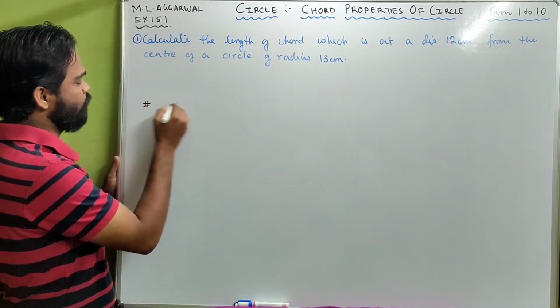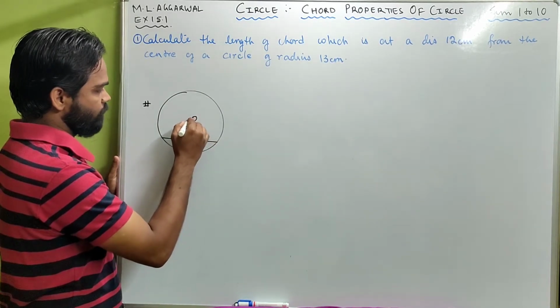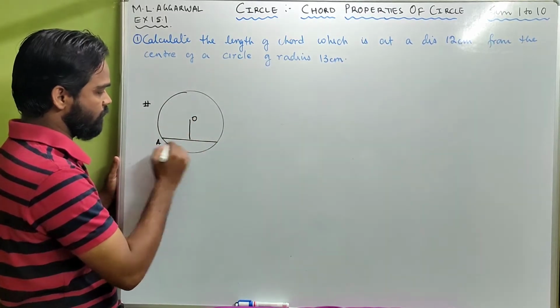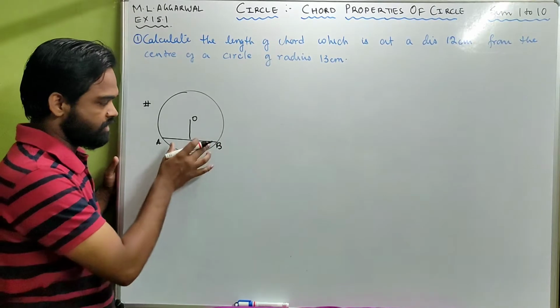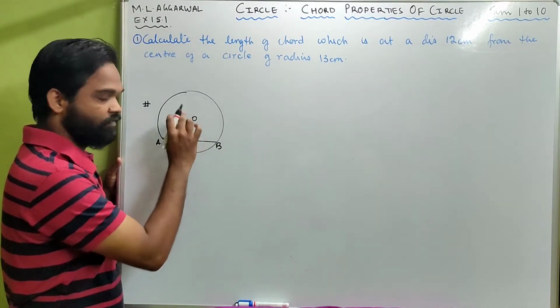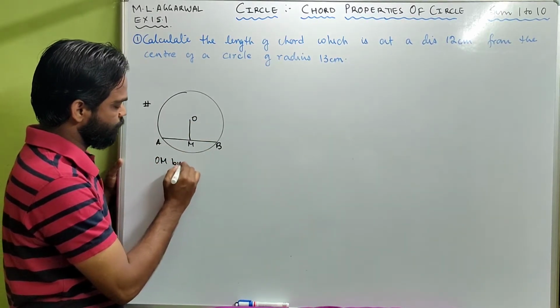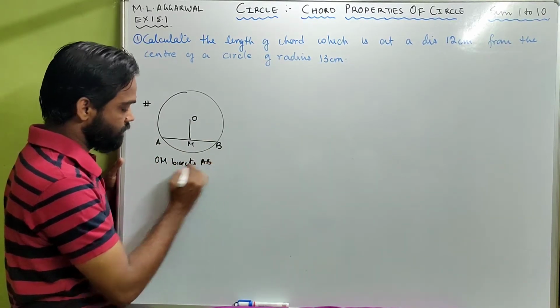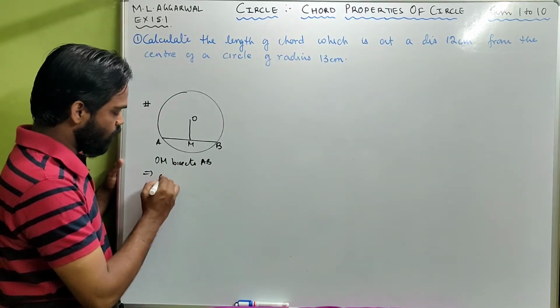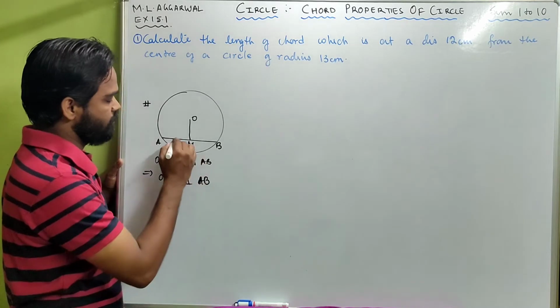The first theorem was a straight line drawn from the center of a circle on a chord, in this case AB, which is not the diameter. If this straight line OM bisects AB, then OM is perpendicular to AB.